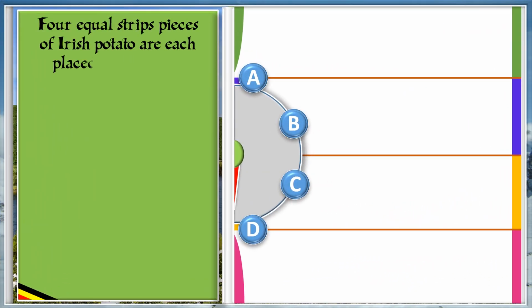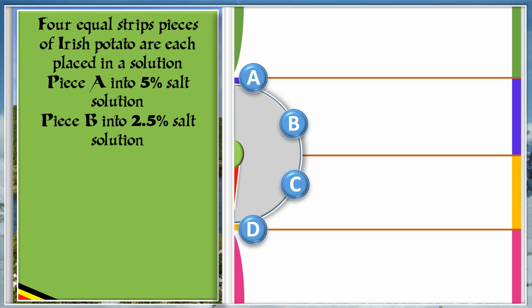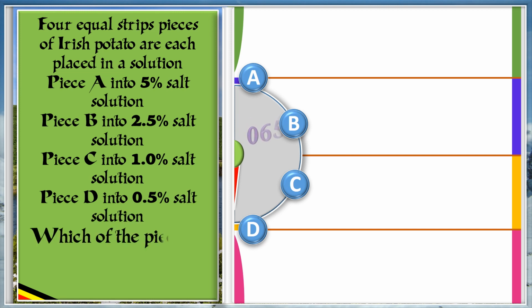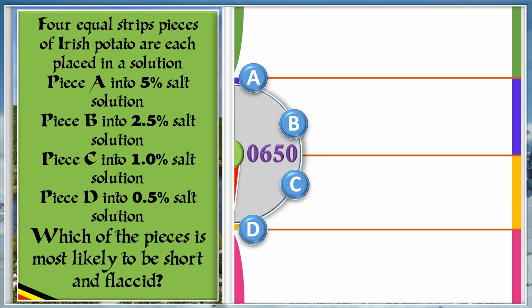Four equal strip pieces of Irish potato are each placed in a solution. Piece A into 5% salt solution. Piece B into 2.5% salt solution. Piece C into 1.0% salt solution. Piece D into 0.5% salt solution.